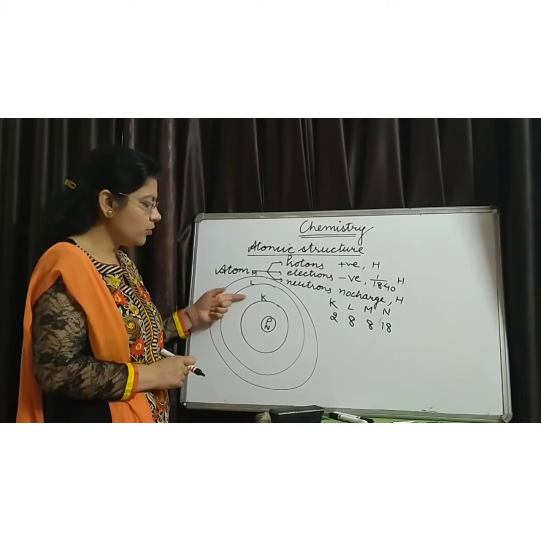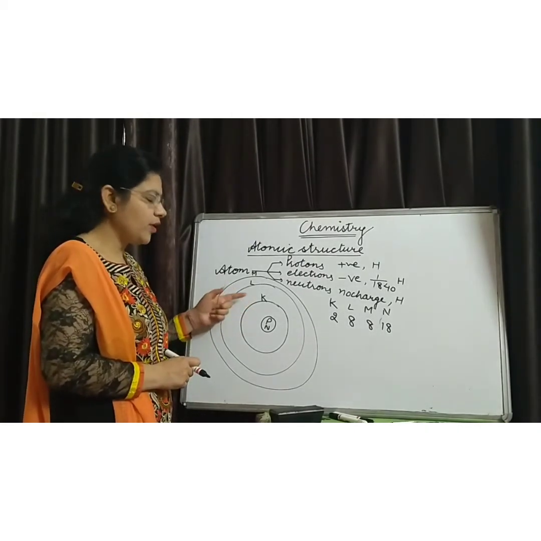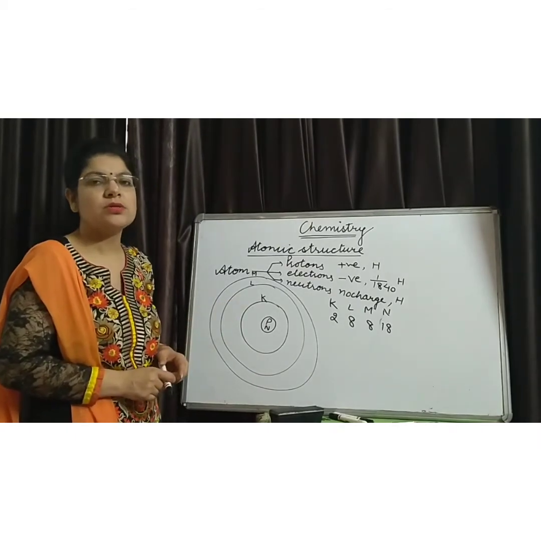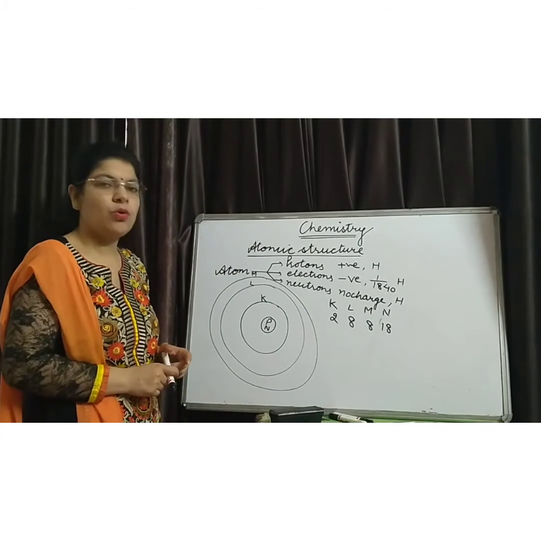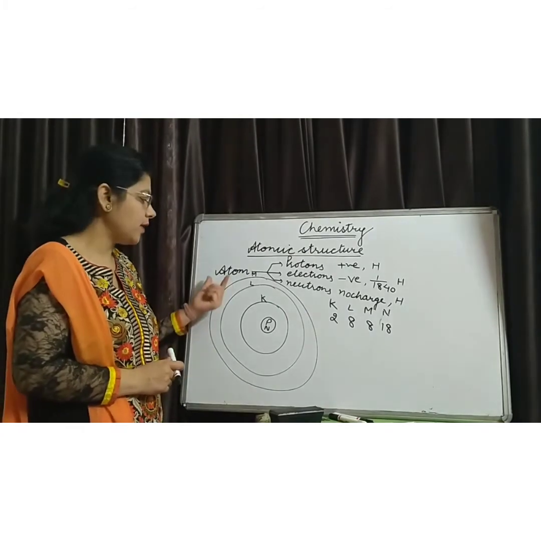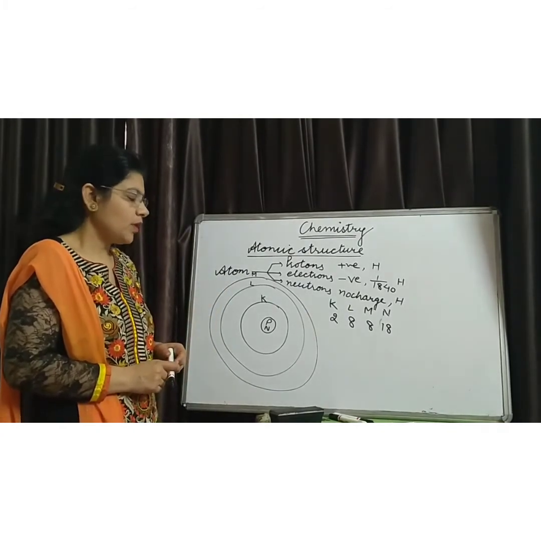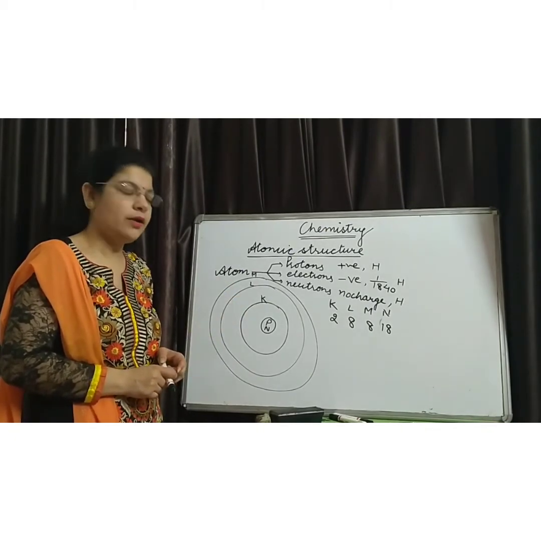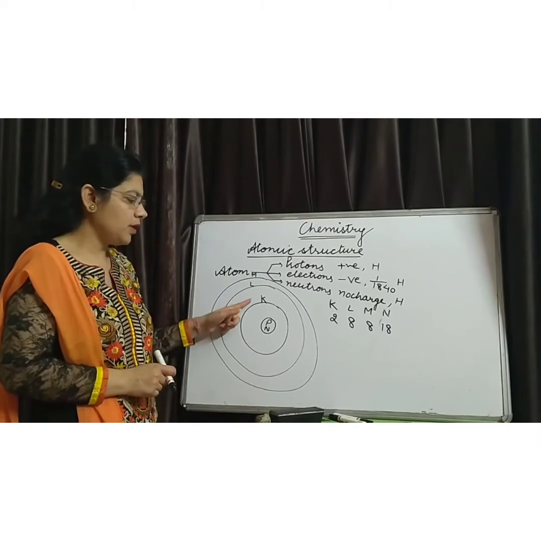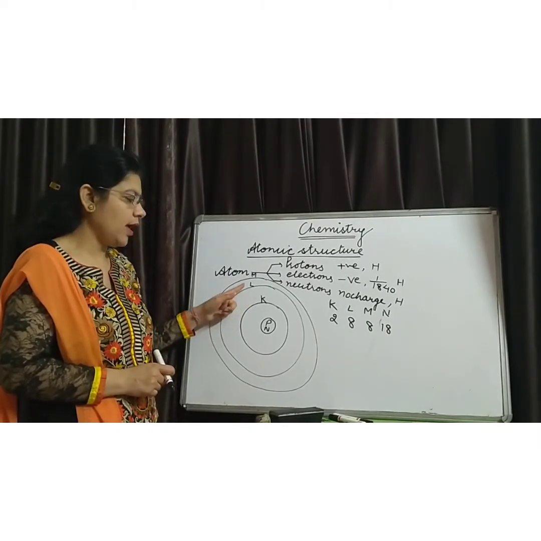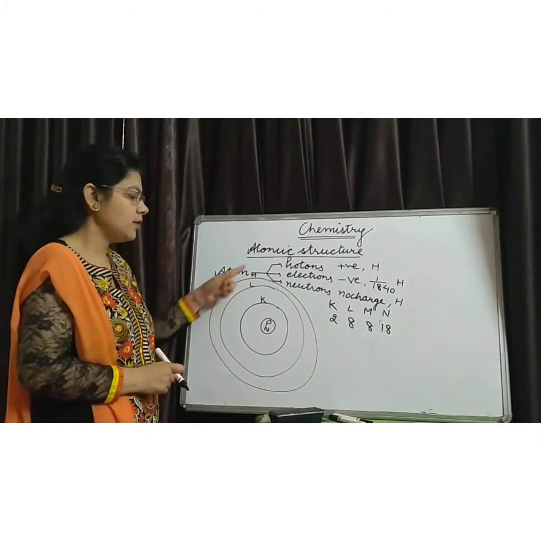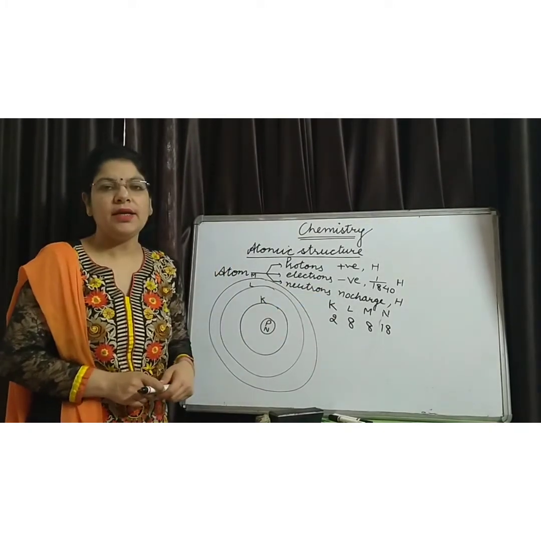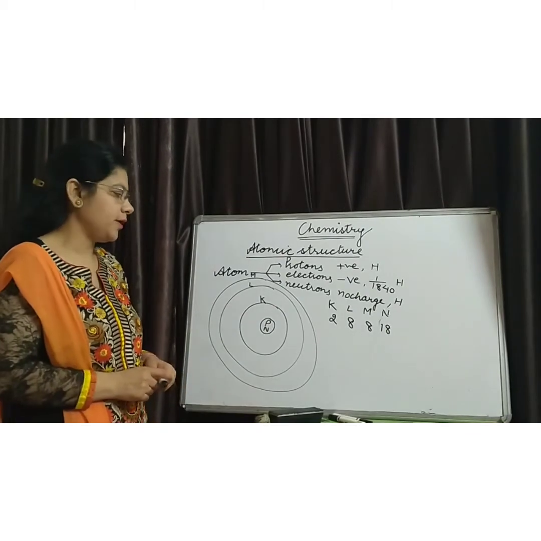Outside the nucleus, there are different orbits in which electrons, or the negative charge of the atom, are present. In different shells, the capacity for electrons is different. For example, in K shell 2 electrons, L 8 and M 8. After this, N shell is present, in which a maximum of 18 electrons can be occupied.